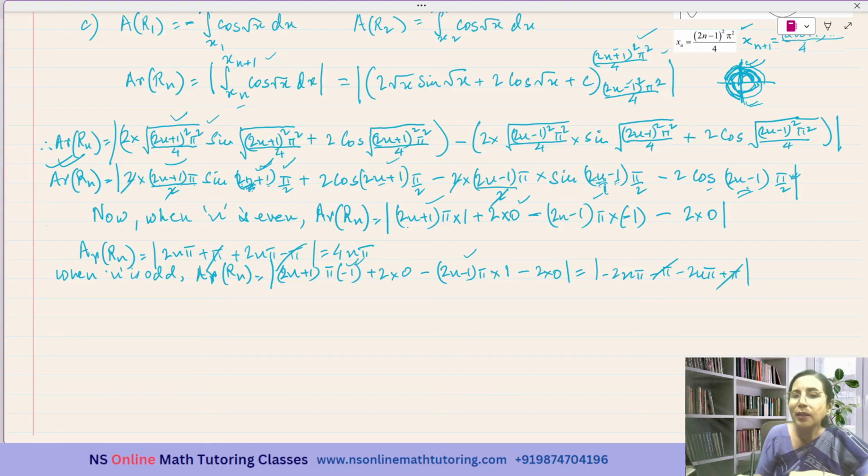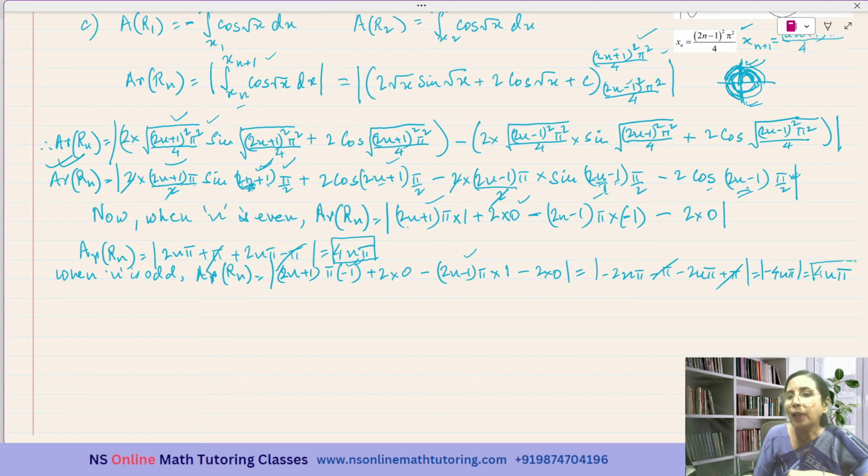These two cancel and it is equal to negative 4nπ, which is equal to, because there is this absolute value notation, 4nπ. So we are seeing the value of the area of R, whichever n value we are taking, whichever region we are taking, doesn't matter, it is always equal to 4nπ.